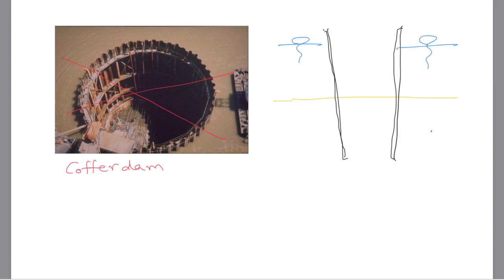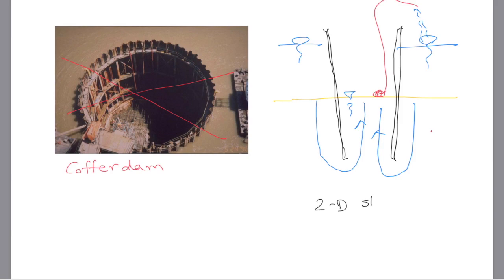There will be some kind of a pump that will operate here to keep this draining. That way we can assume that the water level inside is close to the ground surface. So the water in this case is going to flow from outside to inside. And this again is a good representation of two-dimensional steady state seepage.